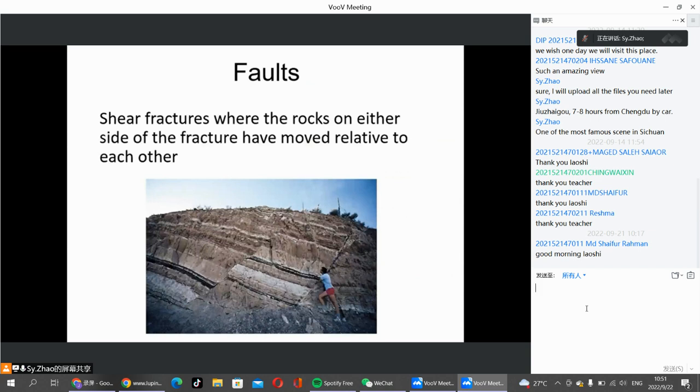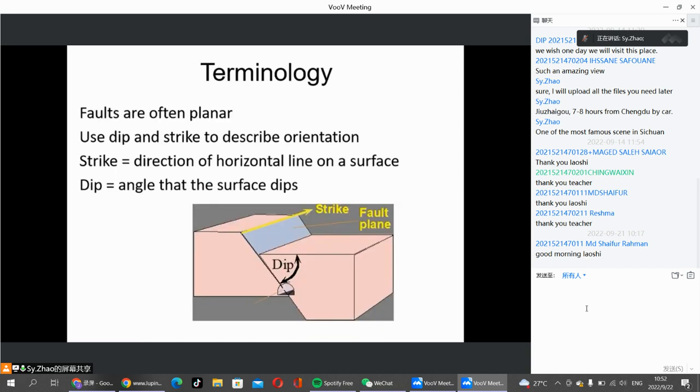Okay. Like I said, faults are fractures with displacement between the two sides of the fault. And shear fractures are formed where the rocks on either side of the fracture have moved relative to each other. Yeah, it's different from the joint.